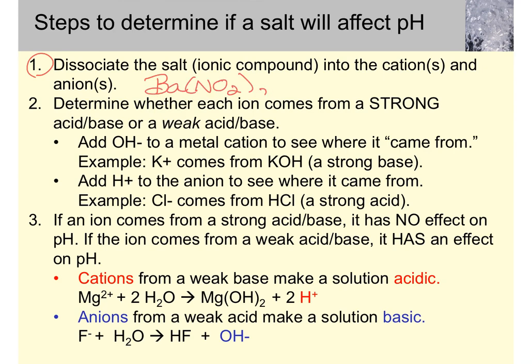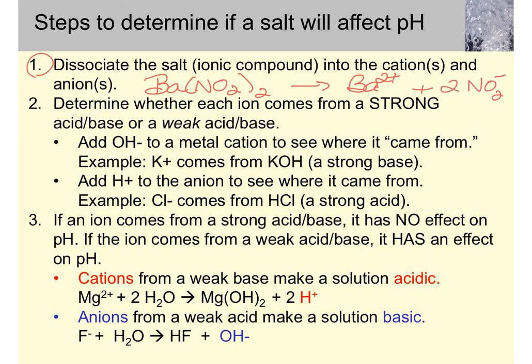It'd be nice and challenging. Let's say that I gave you that salt and said, if I dump that in water, is the water going to be neutral, acidic, or basic, and why? So the first thing you want to do is separate that into the individual cation and anions.